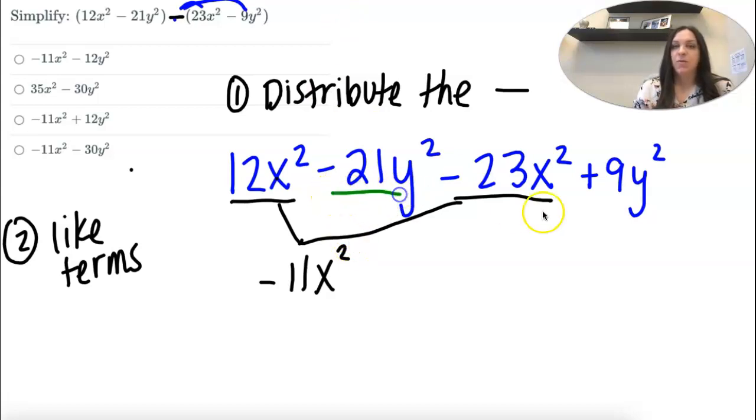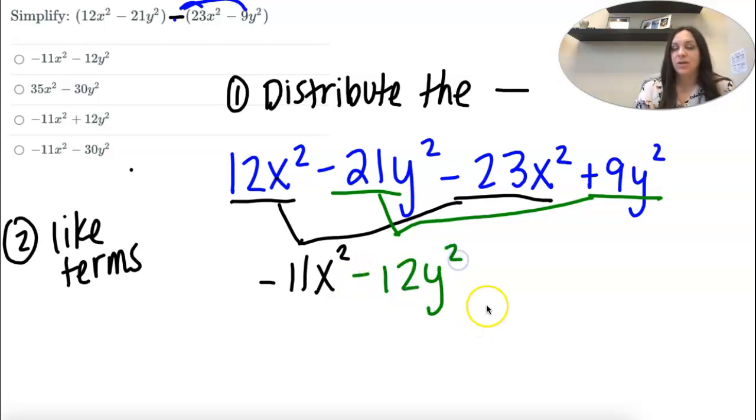Now I'm going to combine my y squareds. -21 plus 9 is -12y squared. And I can't combine these anymore, so that's my answer.